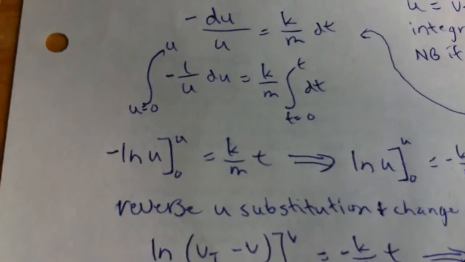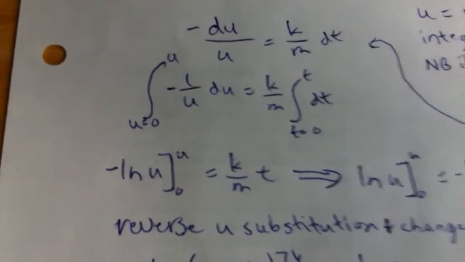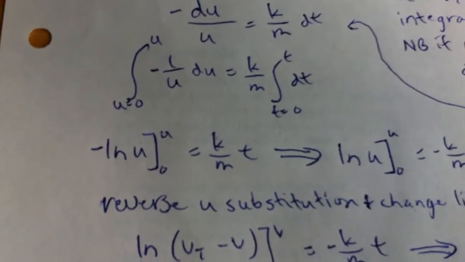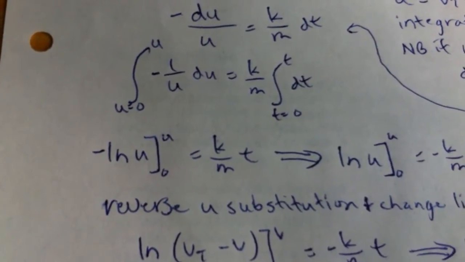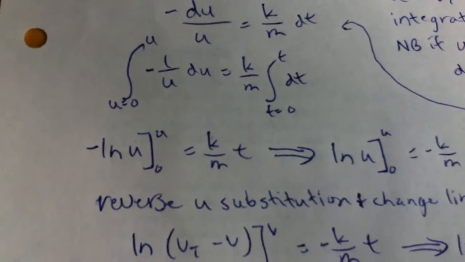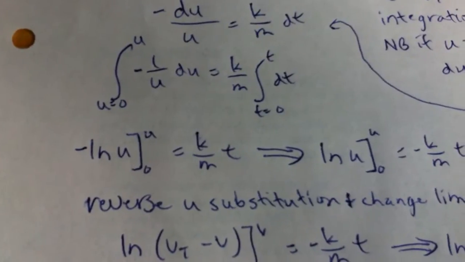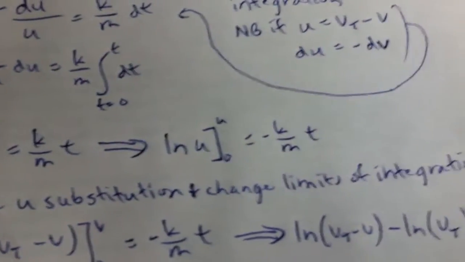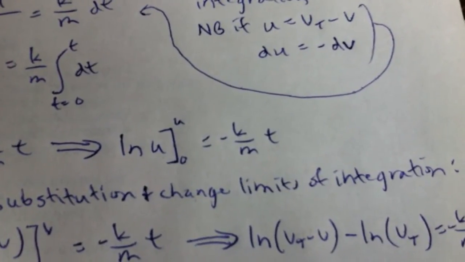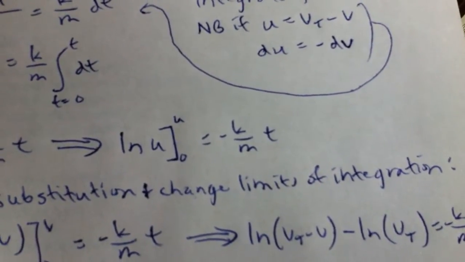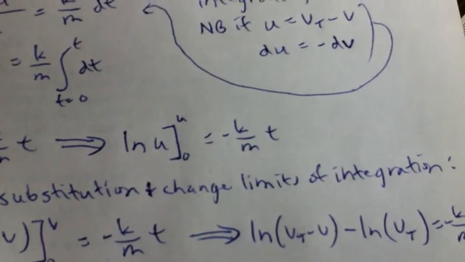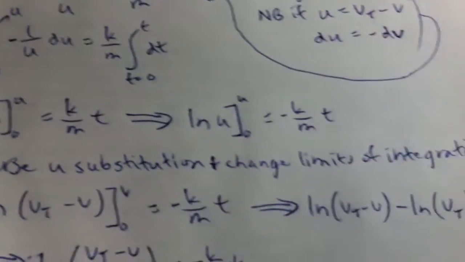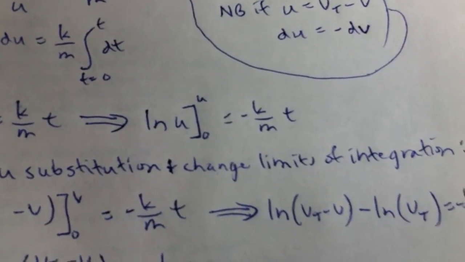When we integrate negative 1 over some function, what we get is the negative log of that function, and again we're expressing the limits of integration from 0 to u. Let's just switch the negative sides. So now ln u from 0 to u equals negative k/m t. We went ahead and integrated the dt, which when integrated just becomes t.